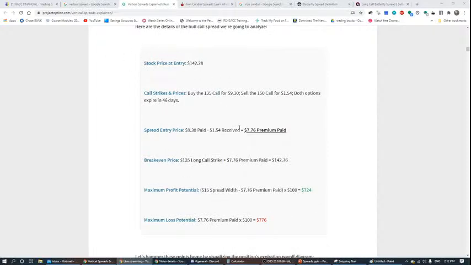Let's say you bought the 150 for $9.30, and you sold the 150 call option for $1.54. What you pay is the difference, so the difference is $7.79.